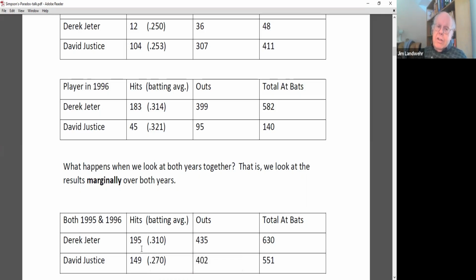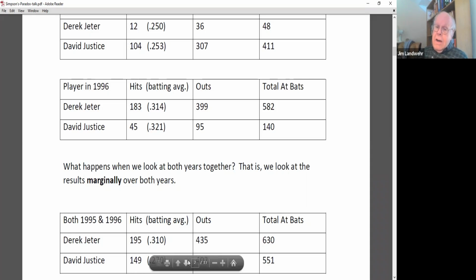So Derek Jeter's batting average over the 2 years together is 195 hits over 630 at bats. So he hit .310. Justice, if we look at his totals, had 411 at bats in 95, 140 at bats in 96, so 551 total. And his number of hits is 104 plus 45, 149.